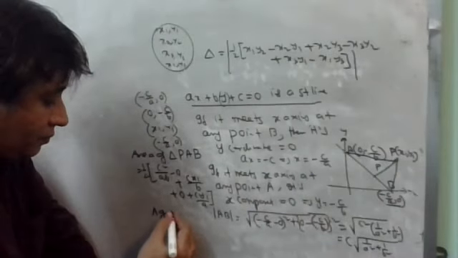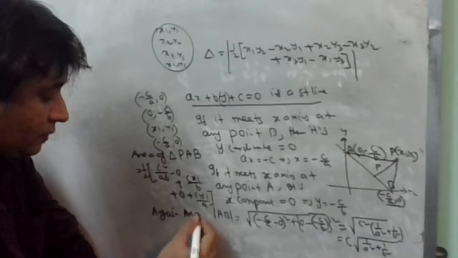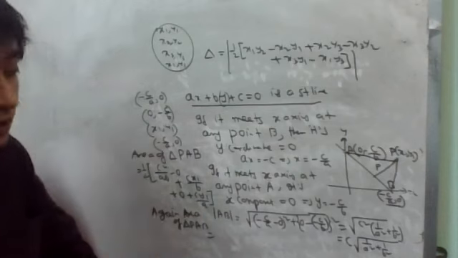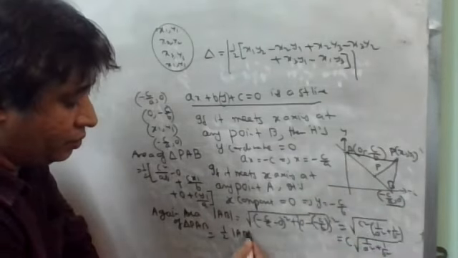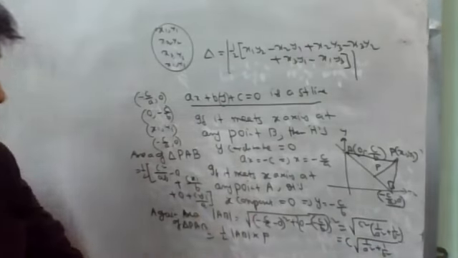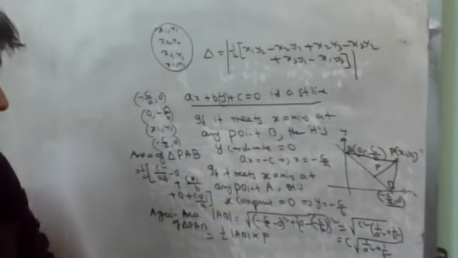Again, the area of triangle PAB will be half base into height, half magnitude into height.